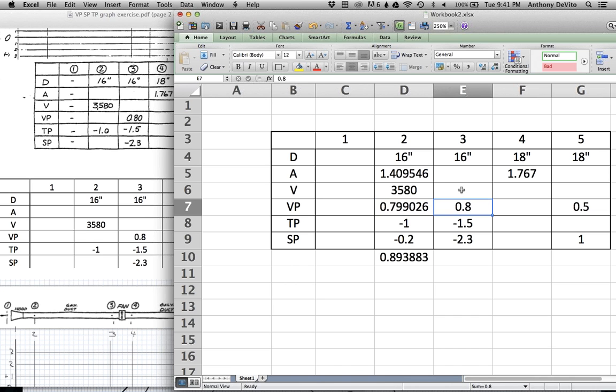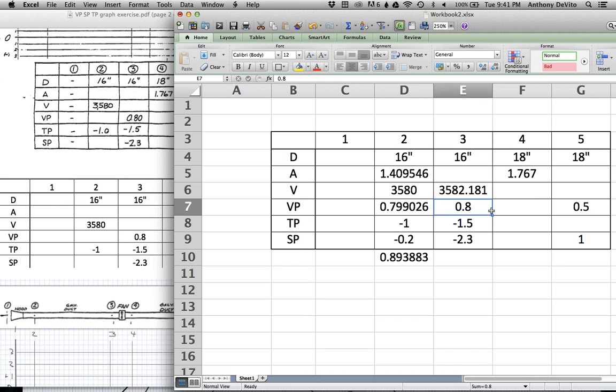Okay, so now what's our velocity here? What's the velocity going to be equal to if the velocity pressure is equal to 0.8? It's 4,005 times the square root of the velocity pressure, which is 0.8.